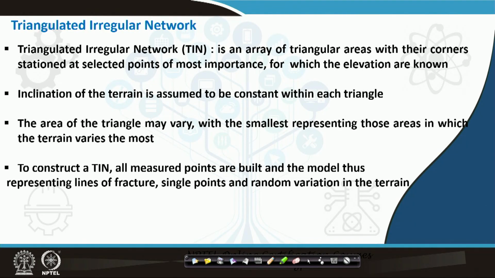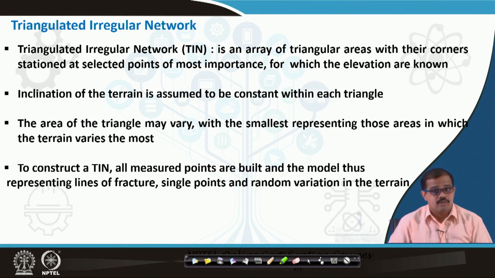A triangular irregular network is an array of triangular areas. When I say triangular areas, it is an enclosed polygon with its corners stationed at selected points of most importance for which elevations are known. Please be careful of this. When I say most important, it does not mean that it is an important place on the earth's surface.